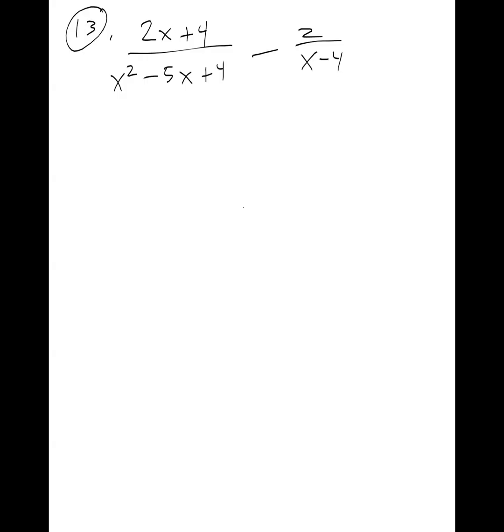So are these denominators the same already? We're going to have to get them to be the same. First, we have to factor the first denominator. The second denominator already has x by itself, so we can put parentheses around it, and that technically factors it. But the first one, what factors can that one be made into?